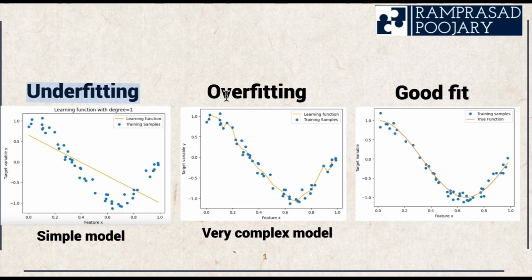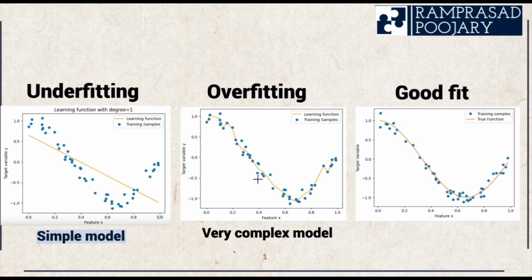So overfitting and underfitting are the two important concepts in machine learning, and we should mitigate them. The reason for underfitting is the model is very simple, so you need to increase the complexity of the model.